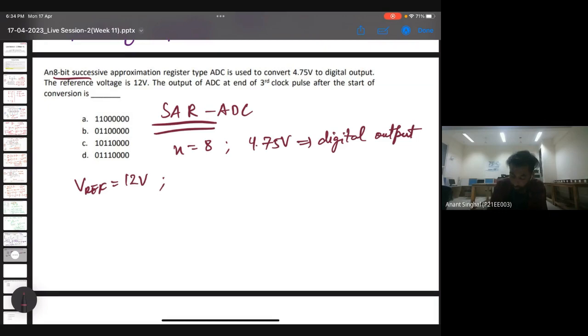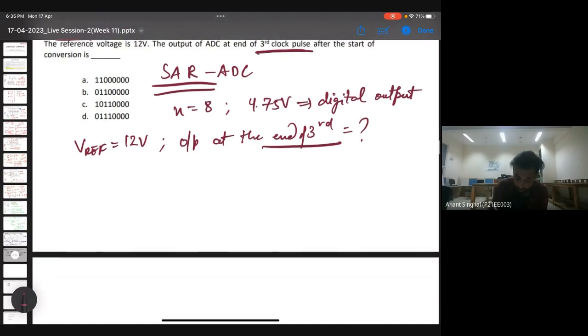The question asks what the output will be at the end of the third clock pulse. So we'll start with the SAR. For the 0th pulse, we start with all zeros.